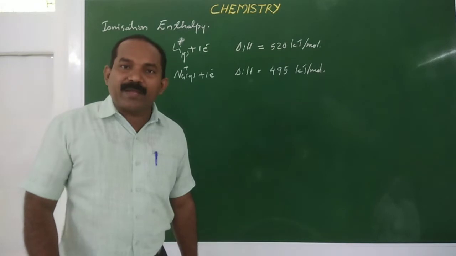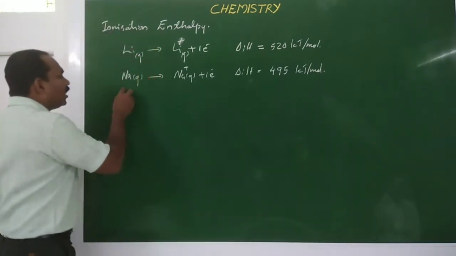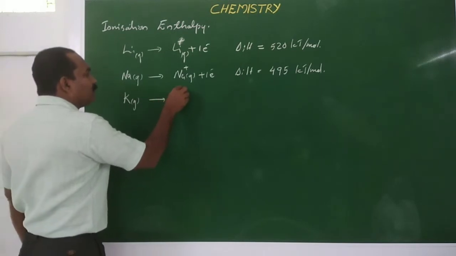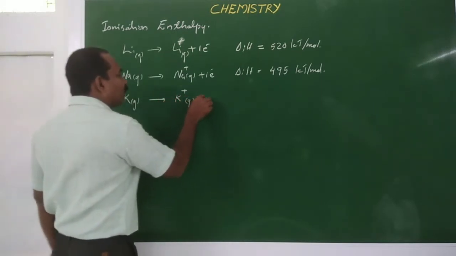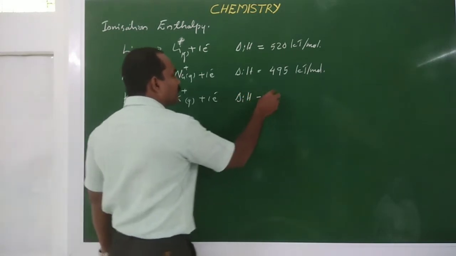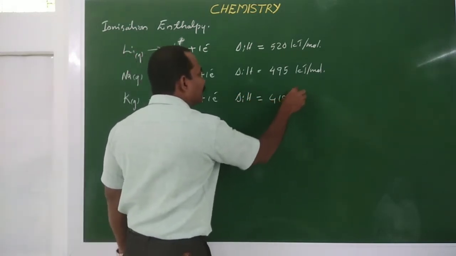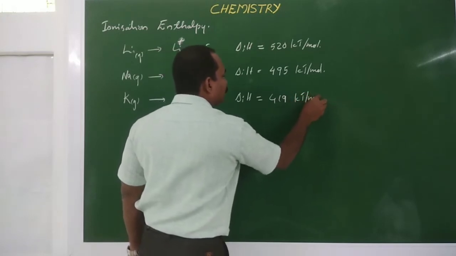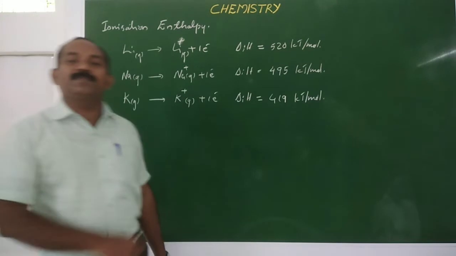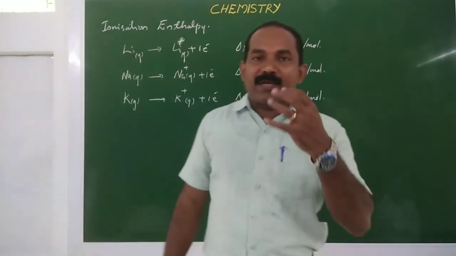And in the case of potassium, potassium gas gives potassium gaseous ion plus 1 electron. The ionization enthalpy is equal to 419 kilojoule per mole.